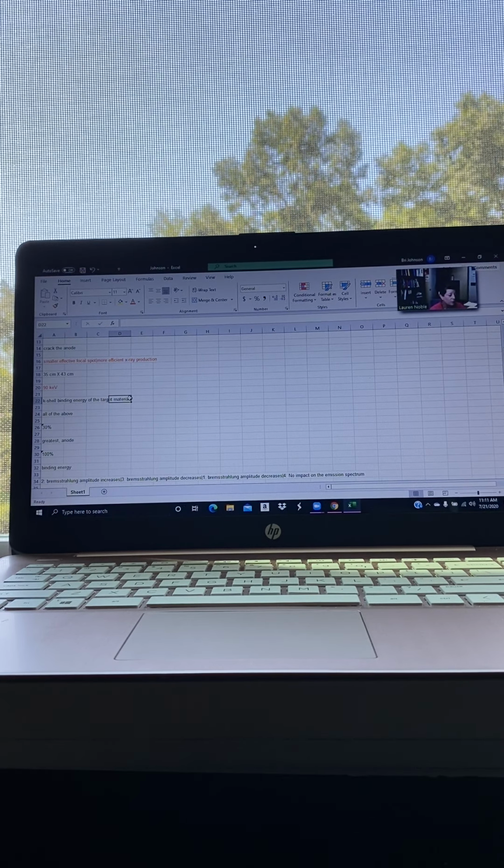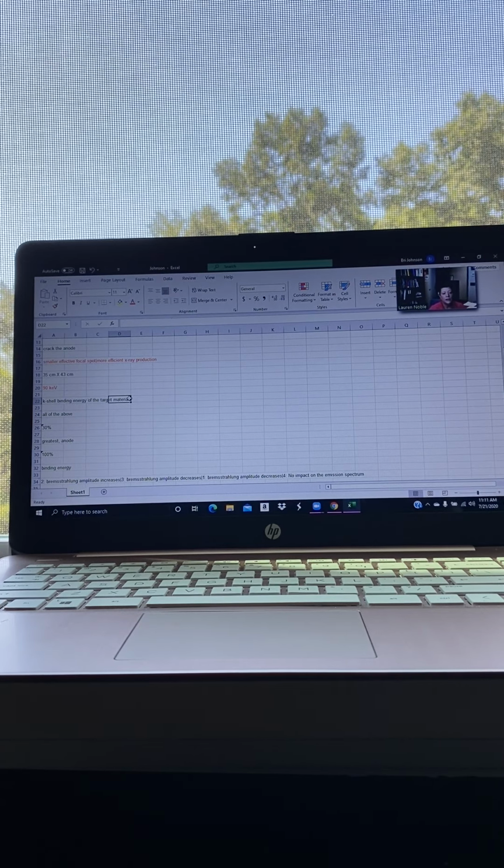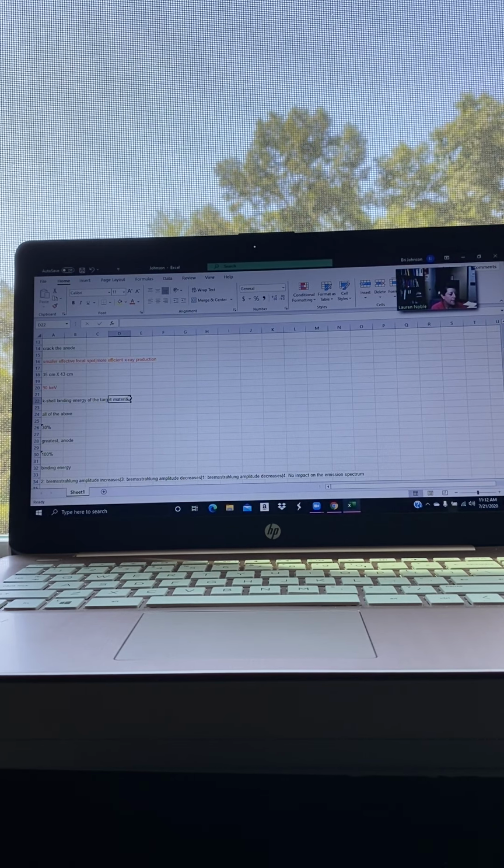So for example, if you're at 80 keV, the electrons will have 80 keV worth of energy. That means I will have photons that have 80 keV worth of energy. So the highest energy photons in the beam are going to be equal to the kVp that is set, which is what determines the kinetic energy of the electrons. Okay.